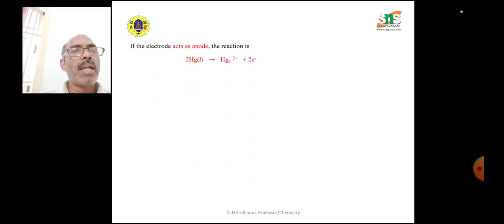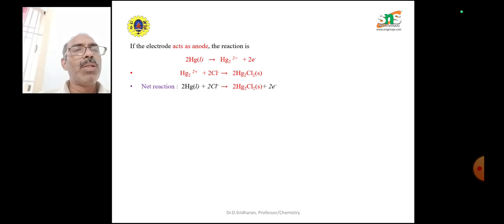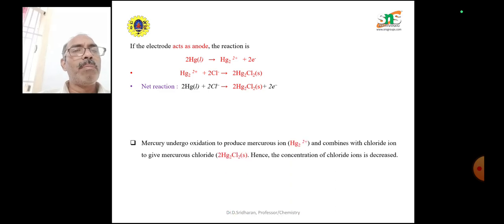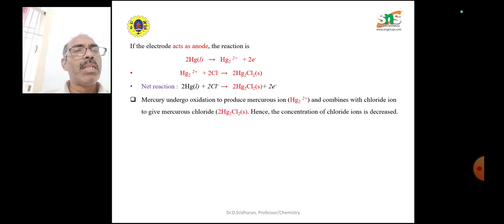If the electrode acts as an anode, the reaction is 2Hg gives Hg2 2+ plus 2 electrons, and Hg2 2+ plus 2Cl- gives Hg2Cl2. The net reaction: 2Hg plus 2Cl- gives Hg2Cl2 (solid) plus 2 electrons.